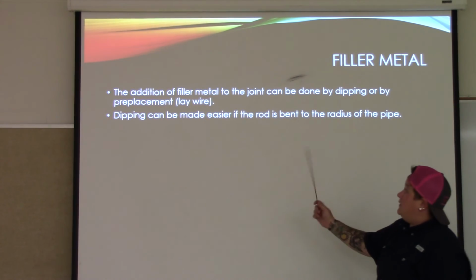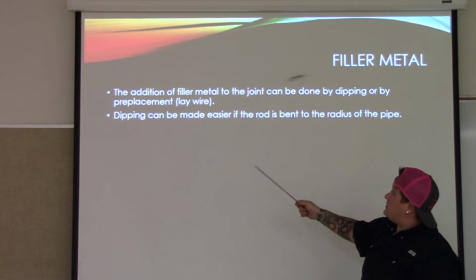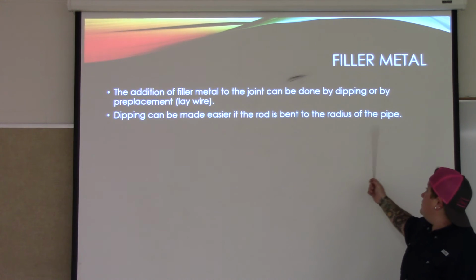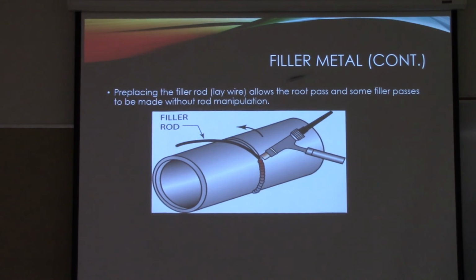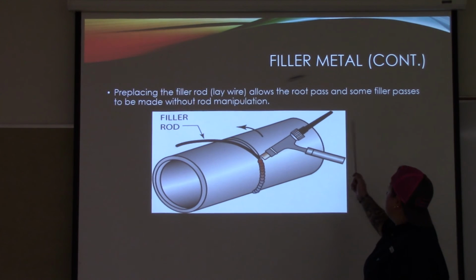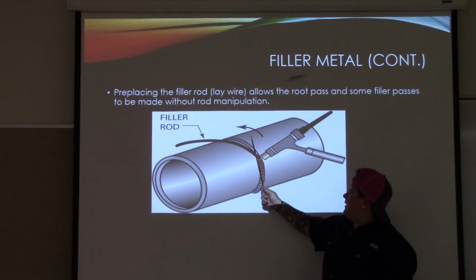Filler metal. The addition of filler metal to the joint can be done by dipping or pre-placement lay wire. Dipping can be made easier if the rod is bent to the radius of the pipe. Filler metal continued. Replacing the filler rod with lay wire allows a root pass and some filler passes to be made without rod manipulation.